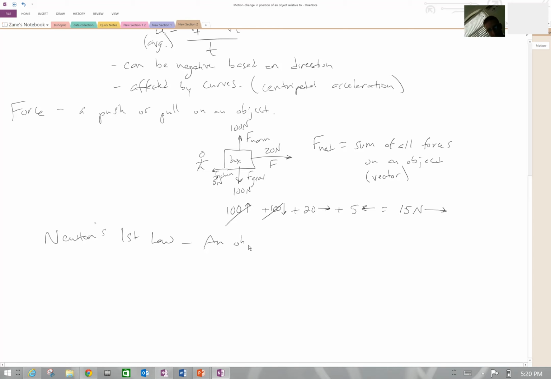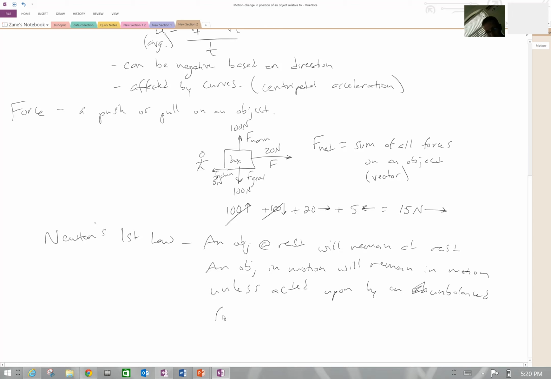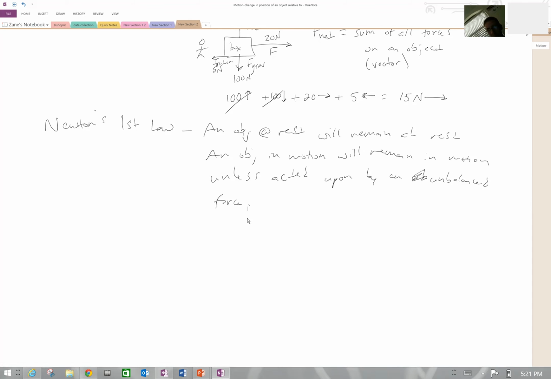An object at rest will remain at rest, and an object in motion will remain in motion unless acted upon by an unbalanced force.